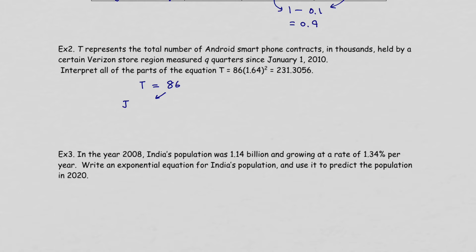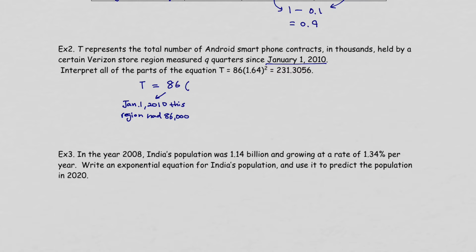So January 1st, 2010 is the first measurement, right? That's how we started. So this is the number of contracts that they had on this date, the starting date, right?